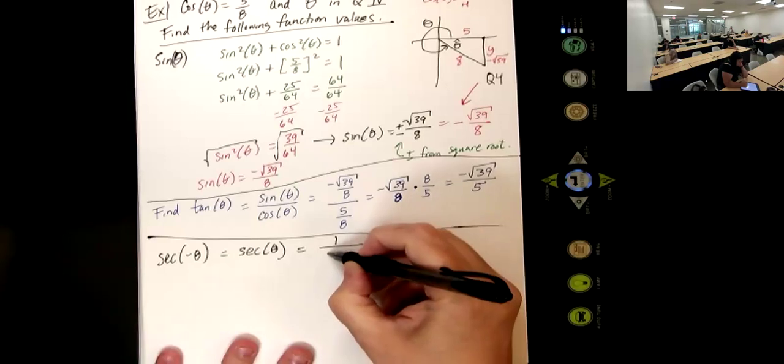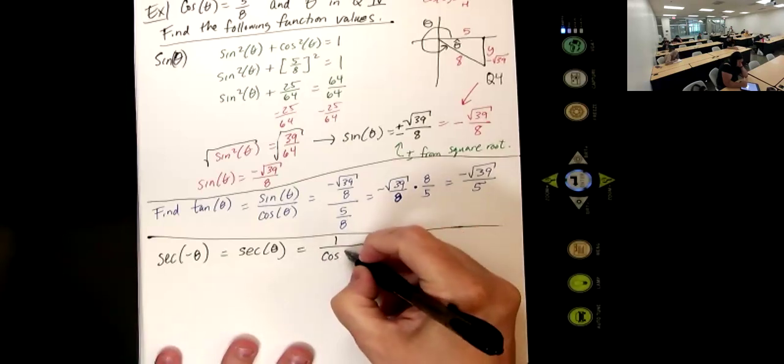And for secant theta, we can use the reciprocal relationship.